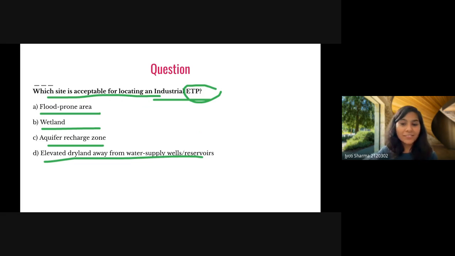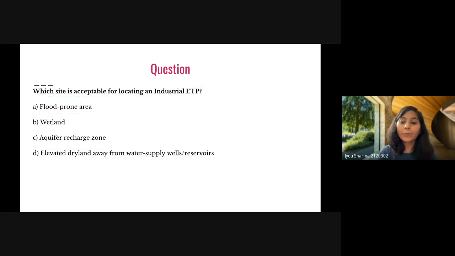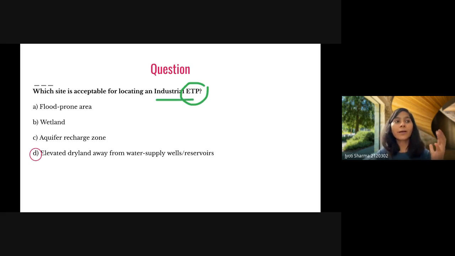So I think this is very simple. Divya and Priscilla gave me D answer. Then obviously the answer will be D. And why D? Because that is wastewater, right? If we are having wastewater from the industries, we should not have the contact of groundwater with the wastewater.